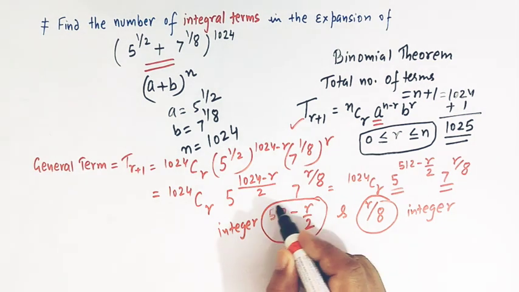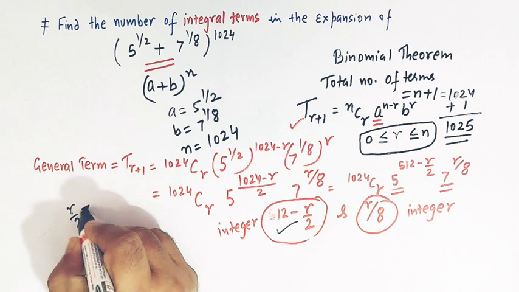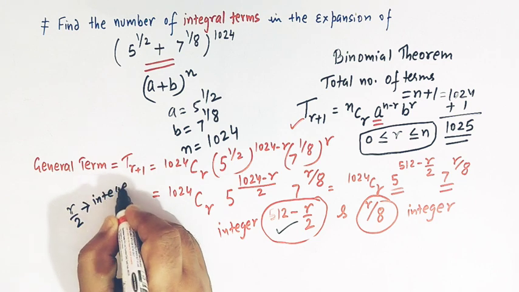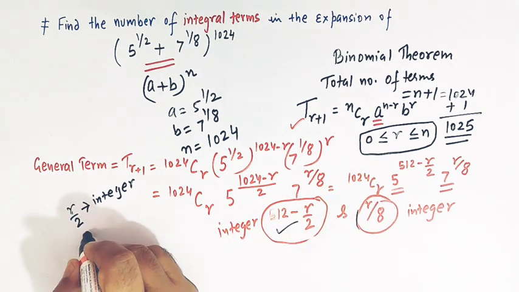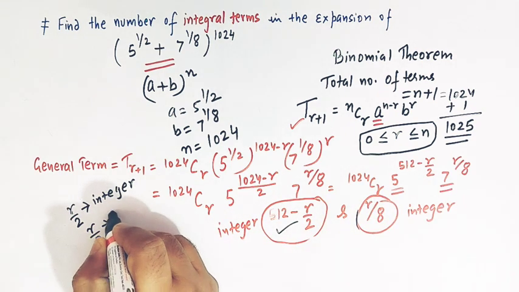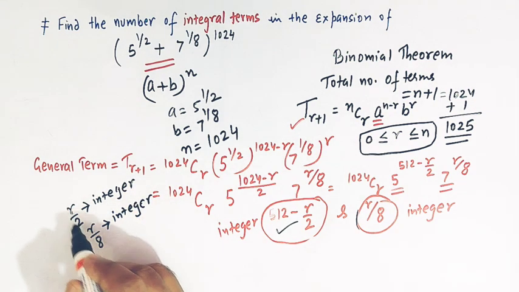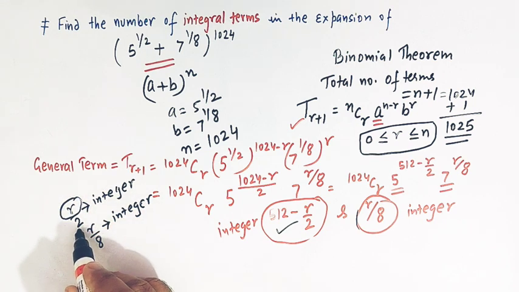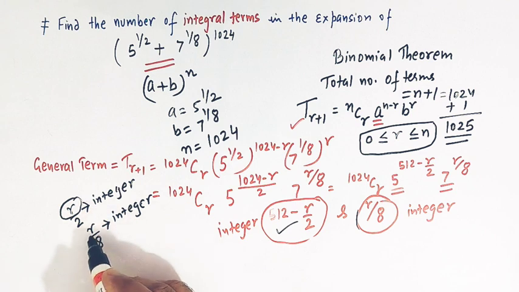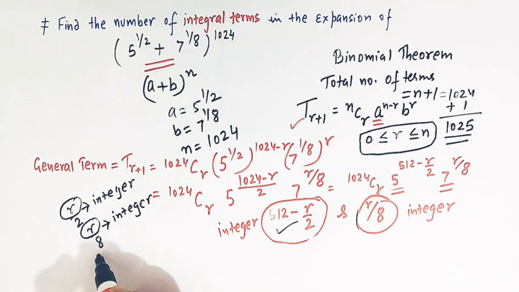For this term to be an integer, r over 2 must be an integer, and for this term to be an integer, r over 8 must be an integer. For r over 2 to be an integer, r must be divisible by 2. Similarly, for r over 8 to be an integer, r must be a multiple of 8.